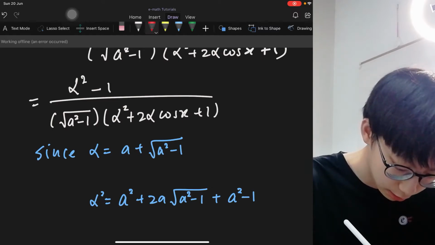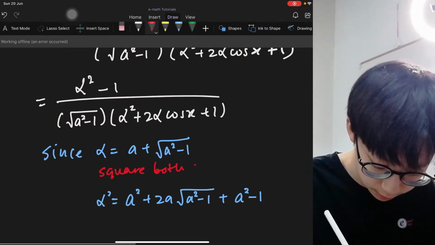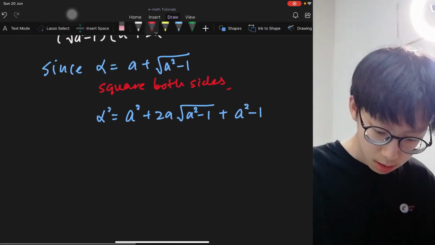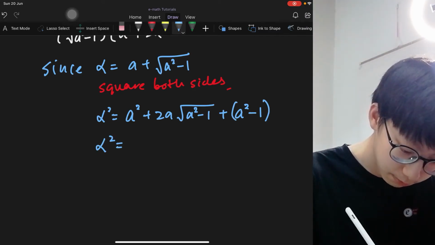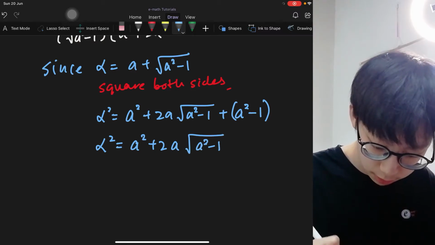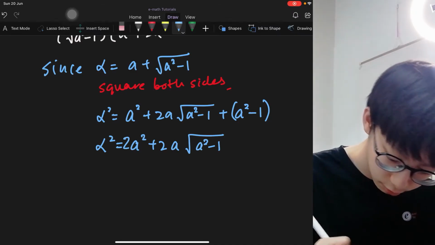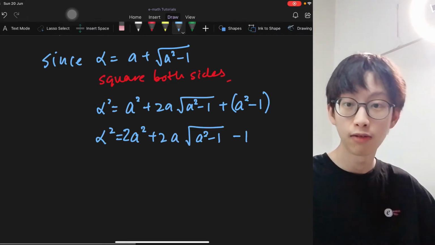What I did was I square both sides. I better put a bracket here, and I try to simplify this. 2a squared minus 1, oh, we have 2a squared and minus 1. And you know what? We can factor out 2a, right?